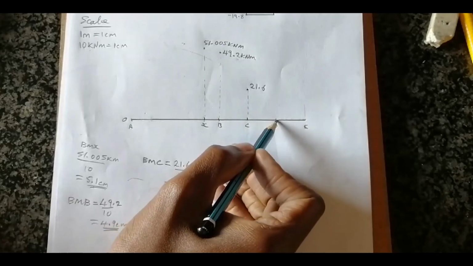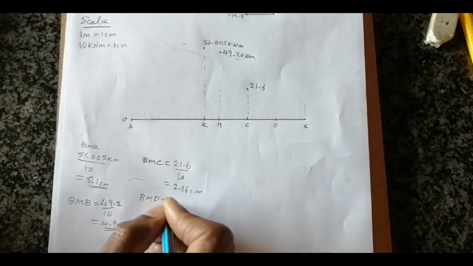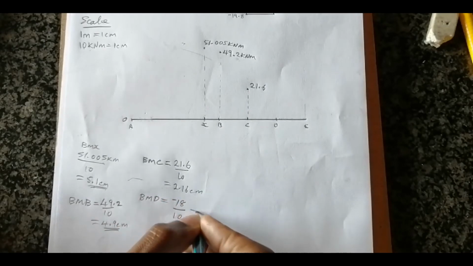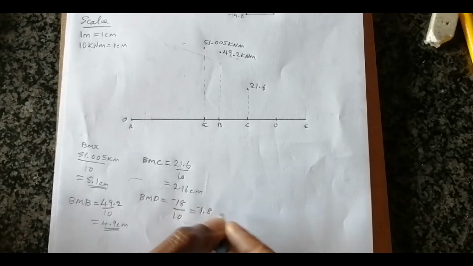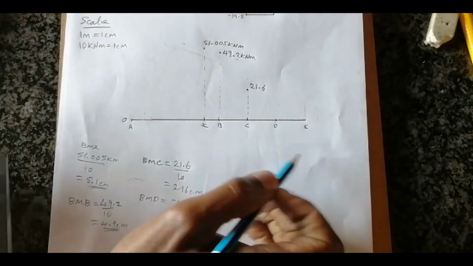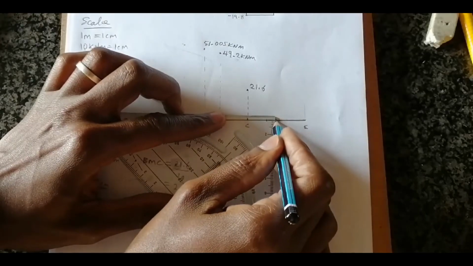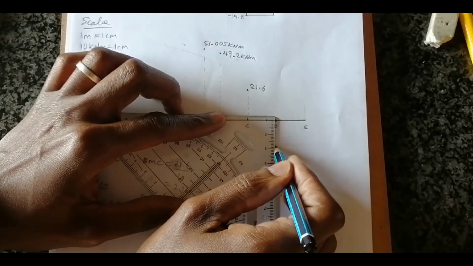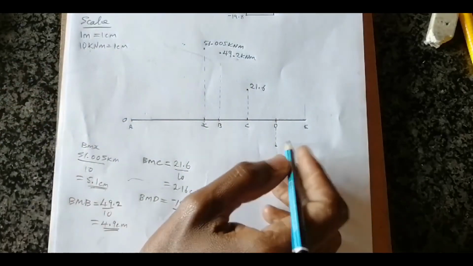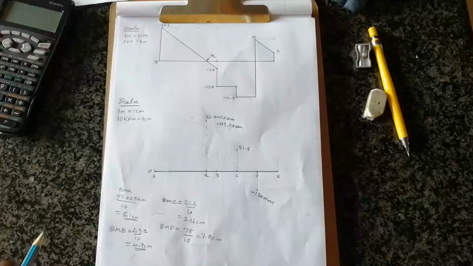We go to point D. The bending moment at D gave us a negative 18. We divide by our scale and get negative 1.8 centimeters. So this is a line from D going downwards, and the length of that line should be 1.8. Negative 18 kilonewton meters. All right.